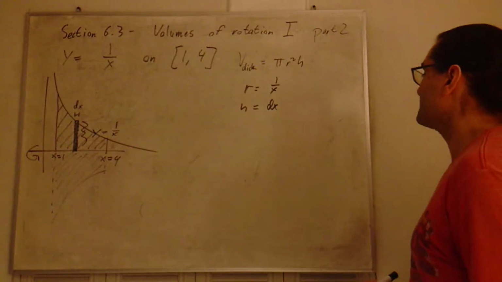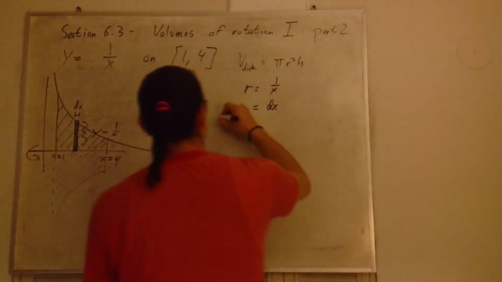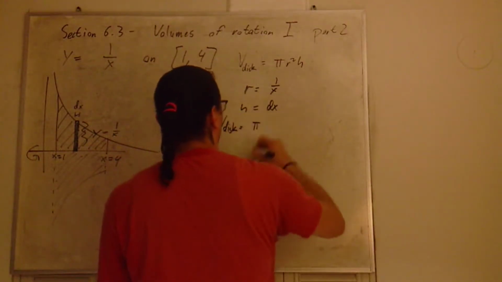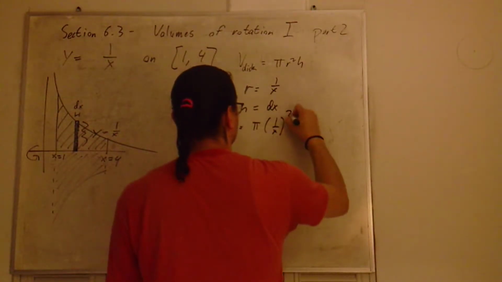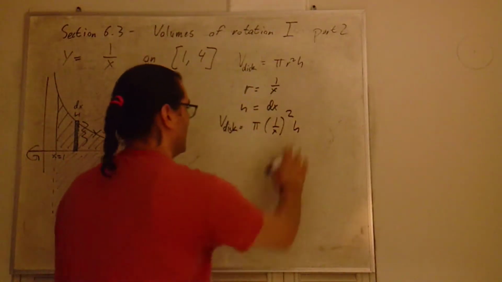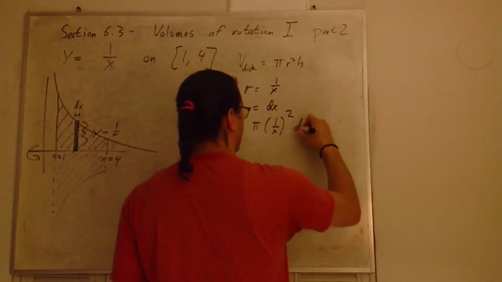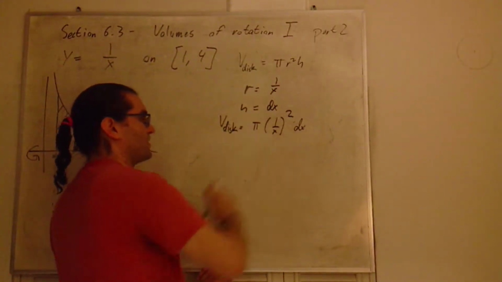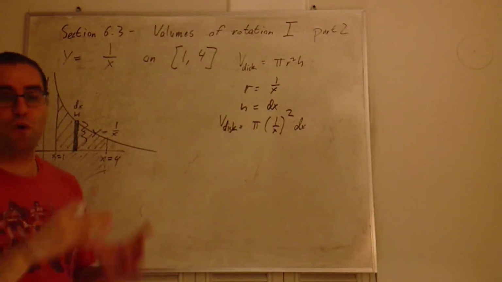So we have our radius, we have our height. That means we know the volume of the disk is pi times (1 over x) squared times h. Or not h, you know what h is, it's dx. So that's our volume of one disk.